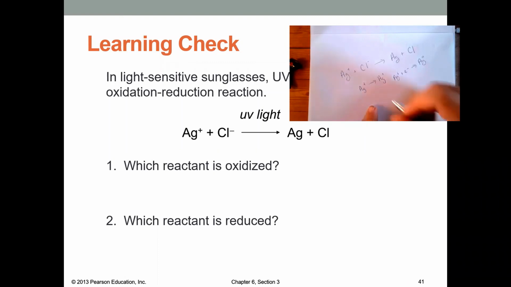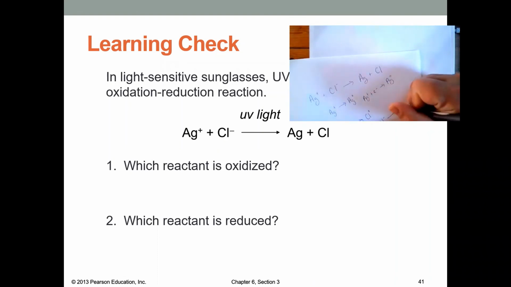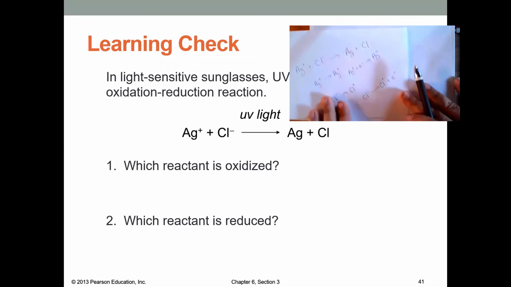On the other hand, if I am a negative and I'm becoming neutral, how do I get rid of this negative charge? I have to give that electron away. That means if I were to clearly draw it out, I'd have to include that electron over here. Oops, sorry.